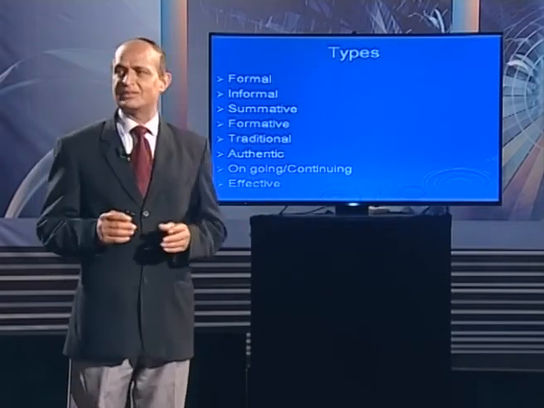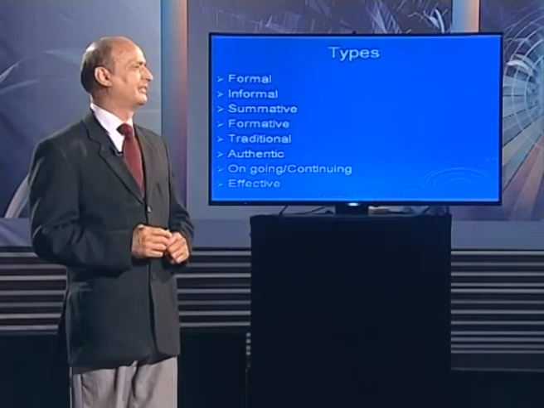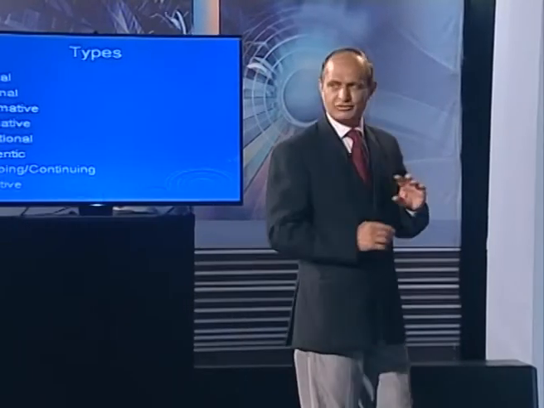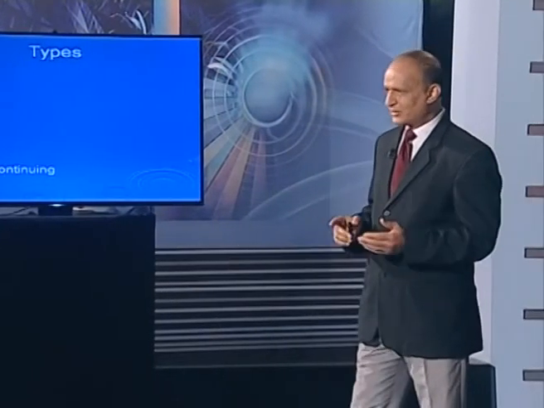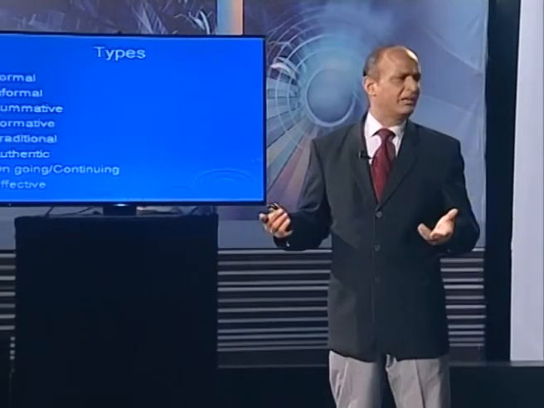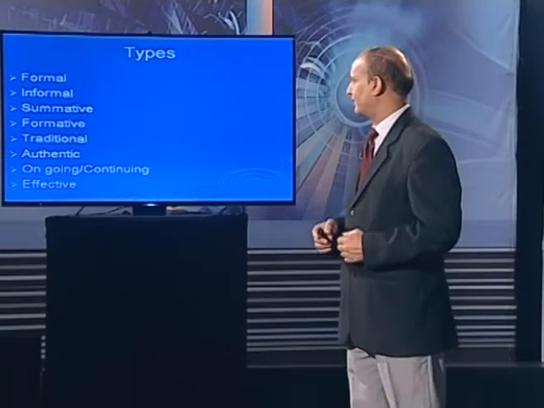Diagnostic assessment is done prior to the teaching, but here the tool was observation. The teacher was observing the situation and found that there is something wrong. This is an informal way of assessment.